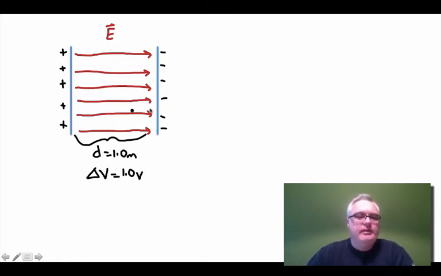So the difference in potential between one plate and the other plate is 1 volt. And what we get is a new equation then for the electric field between these parallel plates. And we take the potential difference and we divide by the distance. So what we end up with is a new unit for electric fields, which is volts per meter.